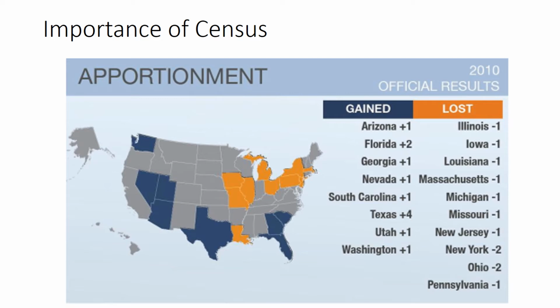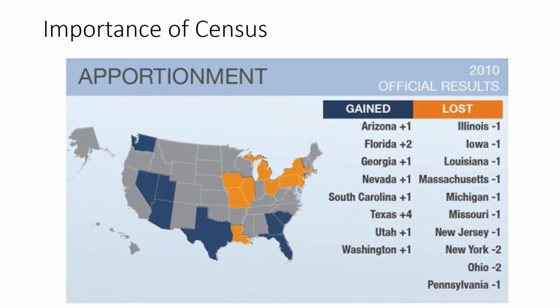So all the dark blue states there, like Arizona, Florida, Georgia, etc., gained more seats because their population increased. And states over on the right with the yellow-orangey color, like Illinois, Iowa, Massachusetts, New Jersey, New York, Ohio, etc., lost population, and so they lost seats.